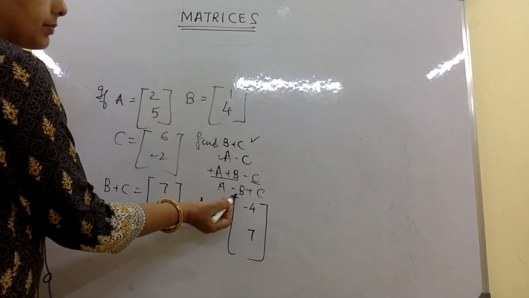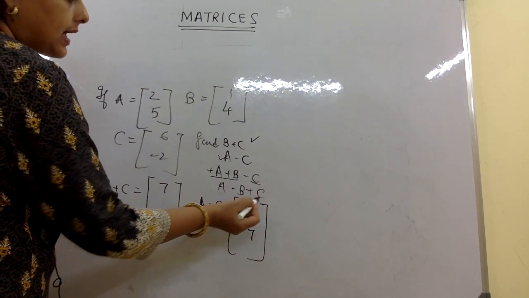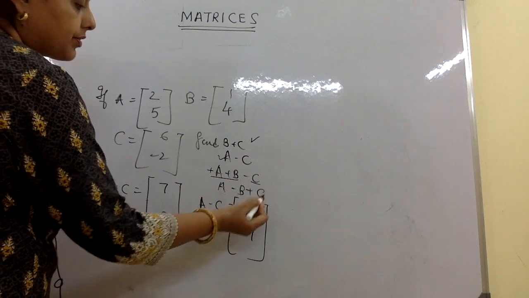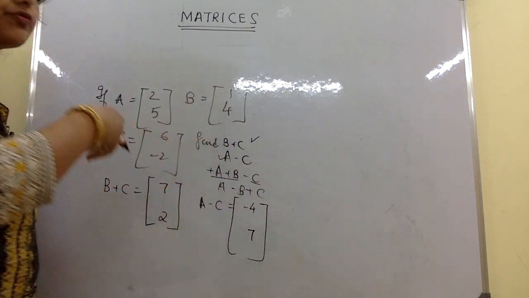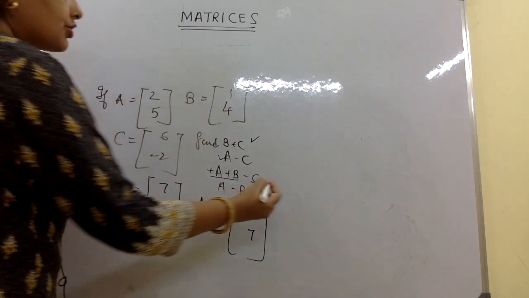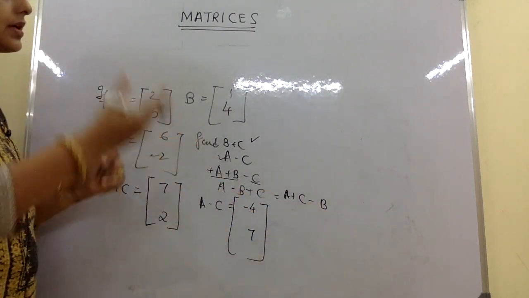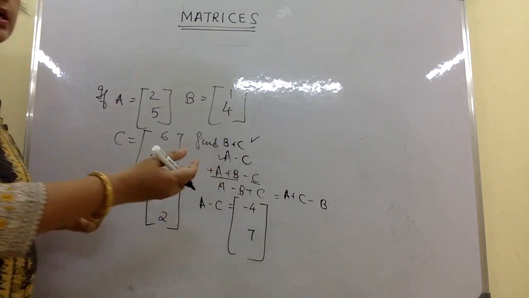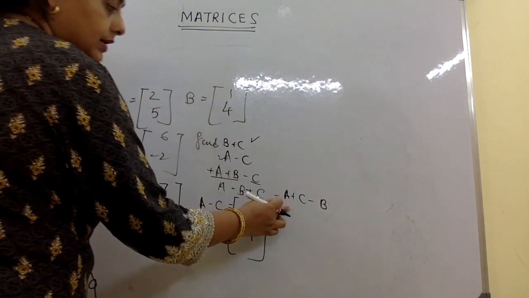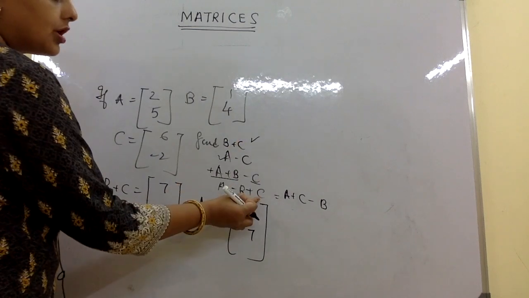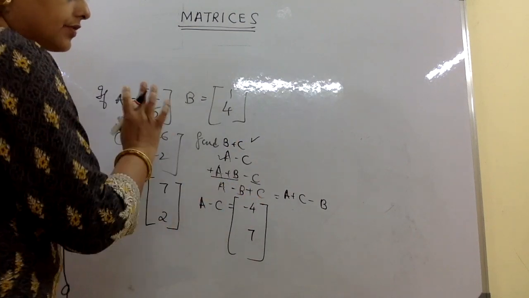People see this B plus C and they add B and C and then subtract the full sum from A, which is where they go wrong. How it should happen is A plus C minus B. You have to pick up the matrix with the sign in front of it and write it like this. So I repeat, you should not be doing B plus C first and subtract it from A.